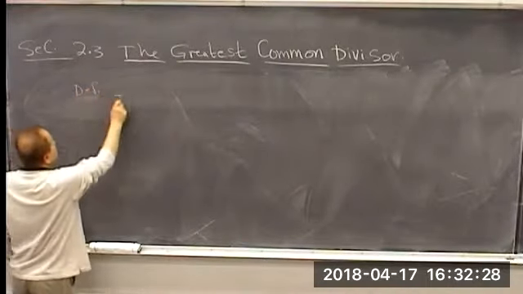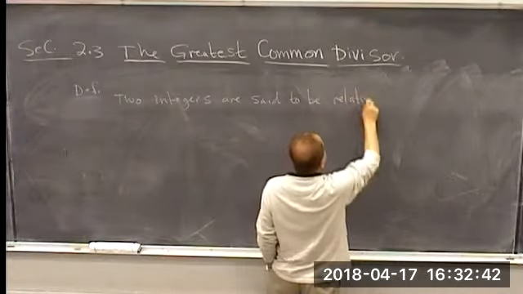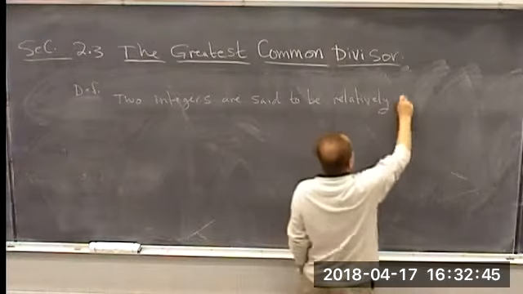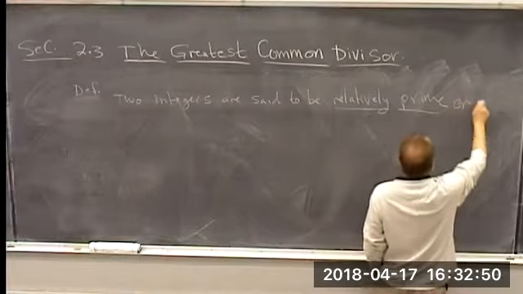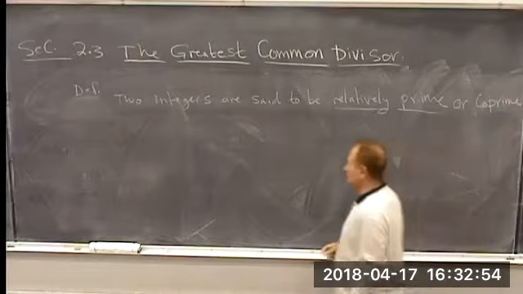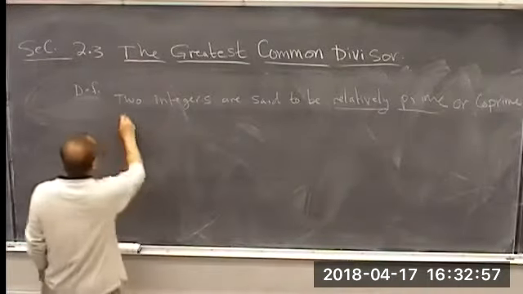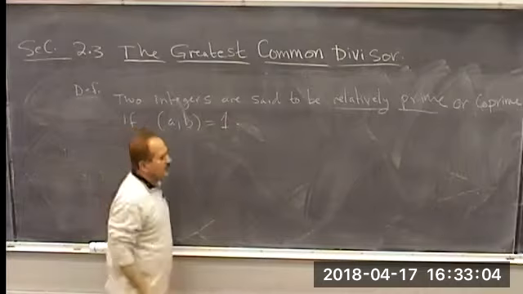Two integers A, B are said to be relatively prime or co-prime if the greatest common divisor of A, B is equal to 1.